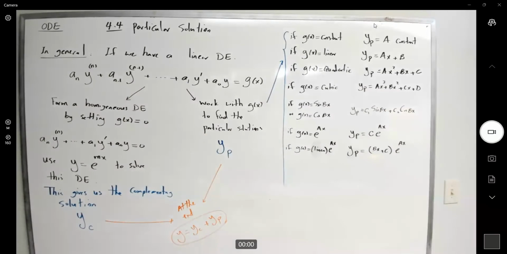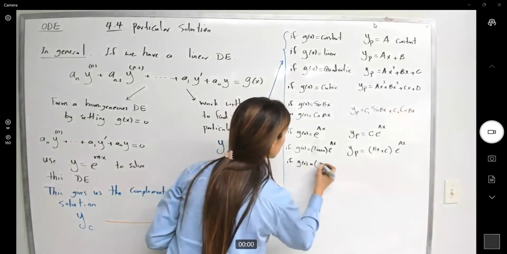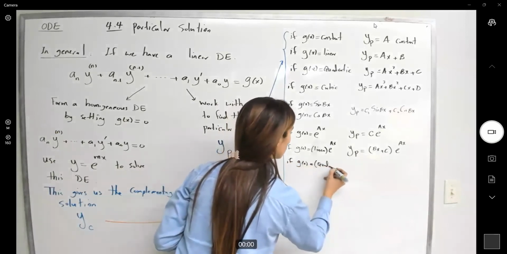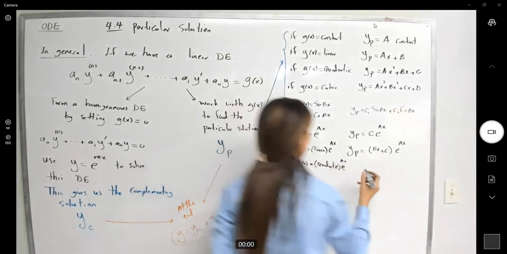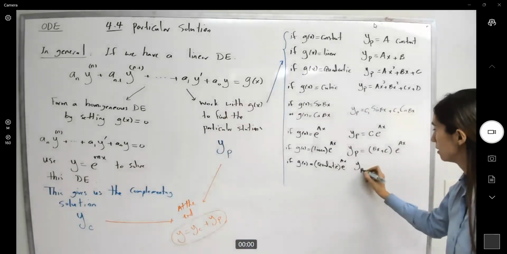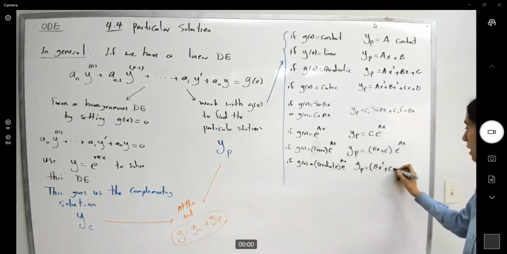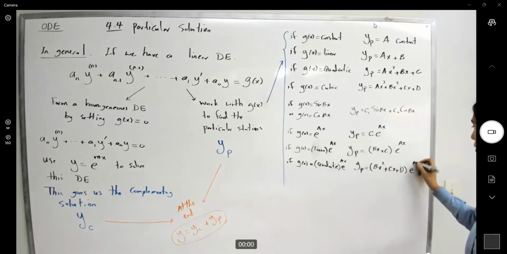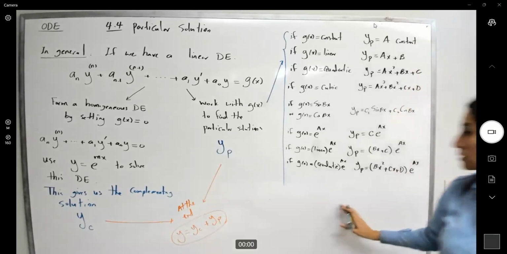Well, if g of x is a quadratic times e to the ax, then y sub p, as you guessed, is going to be (ex squared plus cx plus d) e to the power ax. You need to remember all of these classifications.